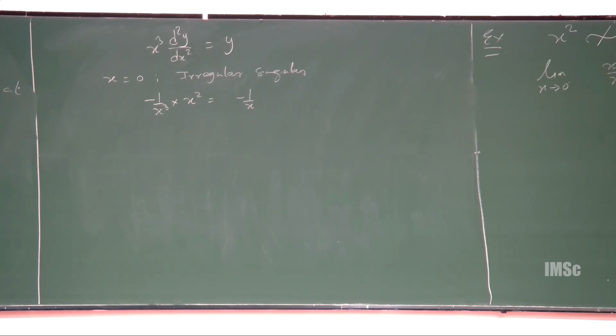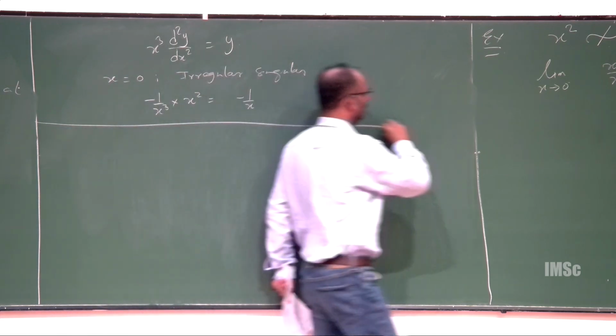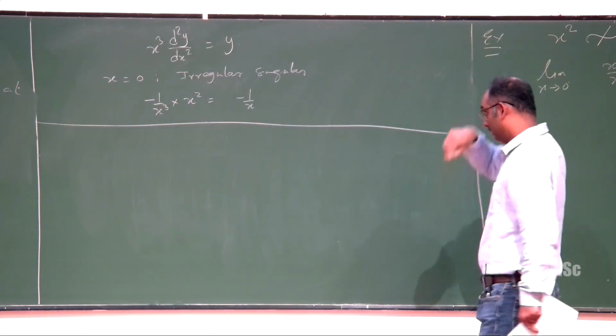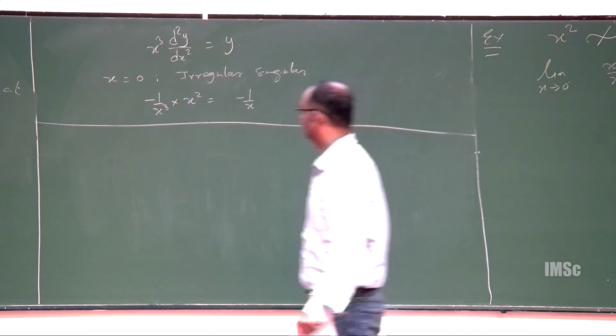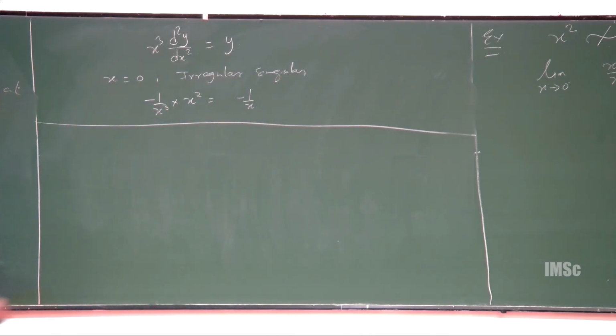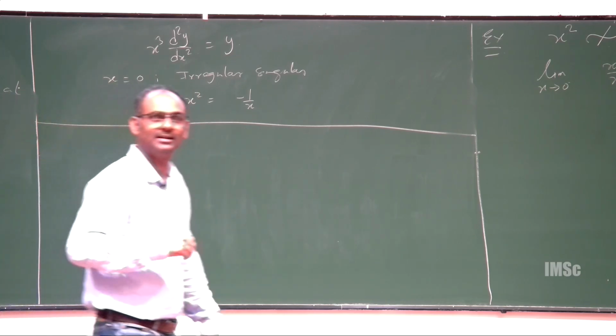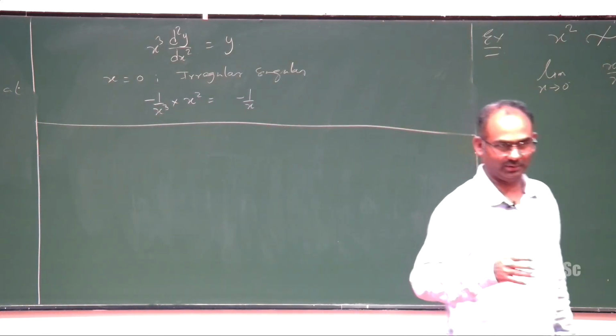Now we want to find a solution to this one in the neighborhood of x equal to 0. Typically what happens is you can make a substitution which will work. Why it should work, I don't have an answer. Probably no one has. But it works, which also means a lot of the time it will not work.